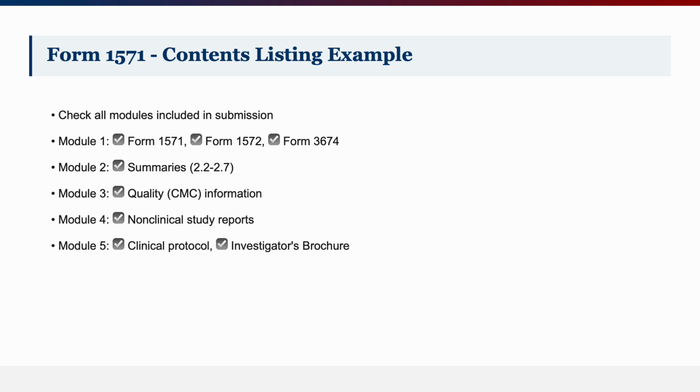Form 1571 includes a contents section where you indicate what's included in your submission. Here's how to complete it properly. Example, Contents of Application section. For an initial Phase 1 IND, you would check: 1.